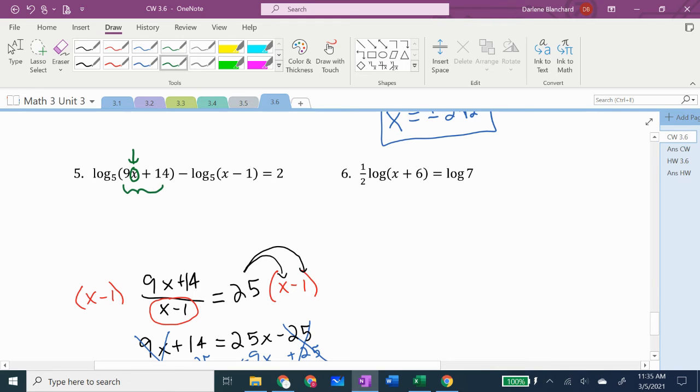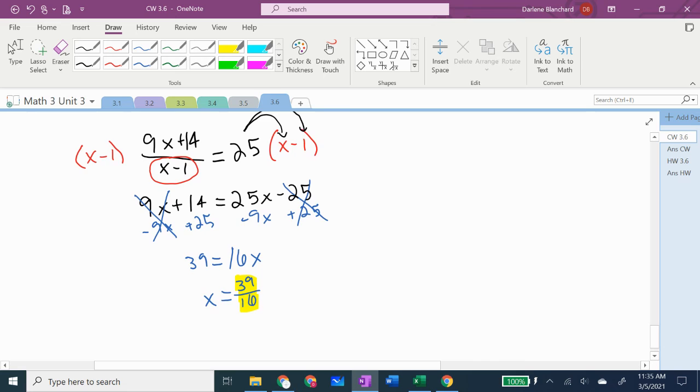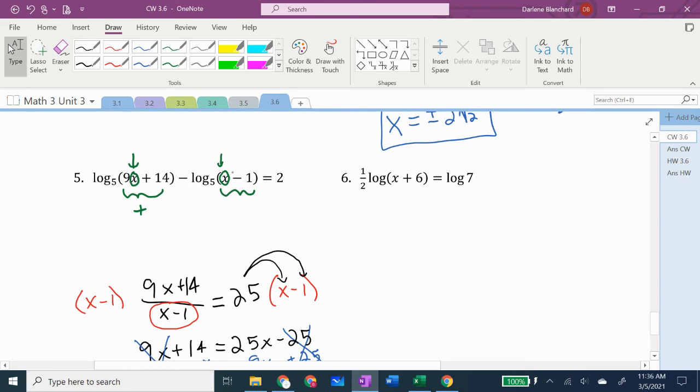You need to check, are you getting positive going into the logarithm? Now, with x minus 1, the real question is, the answer you got, is it bigger than 1? Yes, it is bigger than 1. If it's bigger than 1, then you're getting a positive number going into that logarithm.